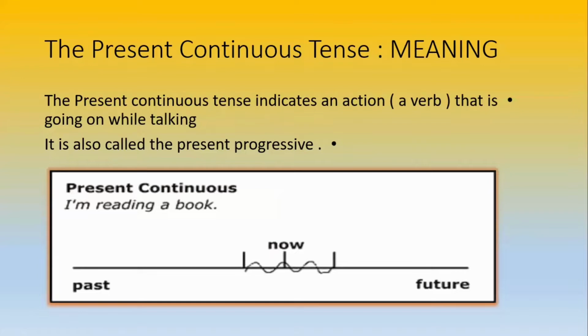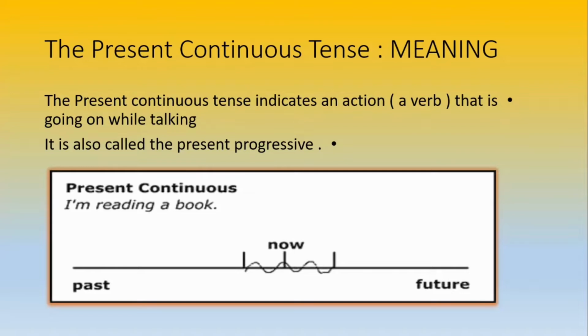This is very important to know in order to understand what we mean by the tense. I will say the present continuous, as a general idea, indicates an action, and by action we mean a verb like talk, like play, like study.